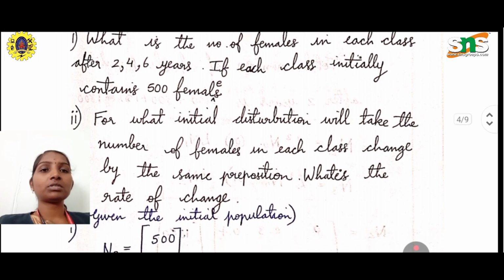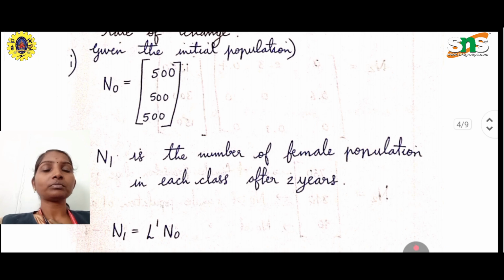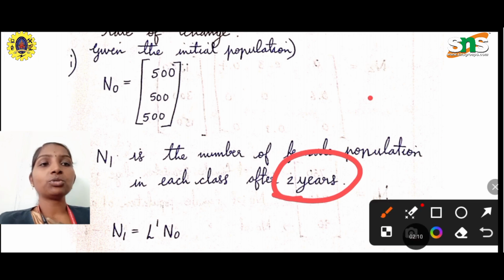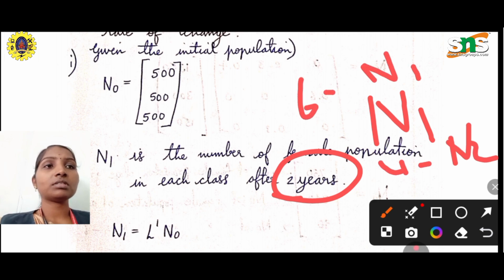That is our first question, and we will answer it in this video. N0 is 500, 500 and 500. N1 is the female population in each class after 2 years, after 4 years it is N2, and after 6 years it is N3. These are the things we are going to calculate in this video.